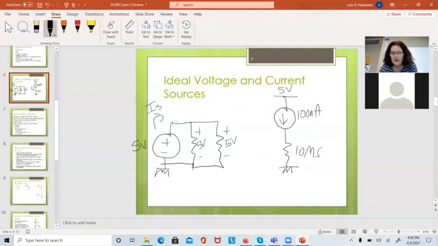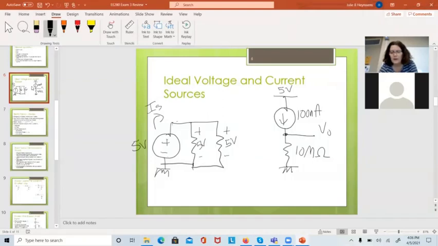This is coming from experience, I see people who have trouble with this. The first thing you don't know is you don't know the voltage here. It's not 5 volts, I can tell you that much. It's going to be whatever voltage this current source is going to need to drop to get the current going through it.